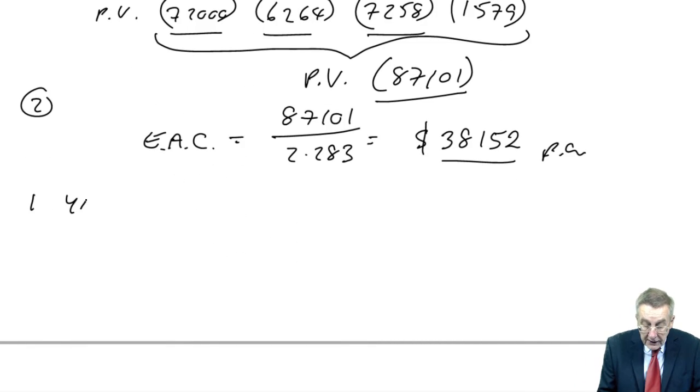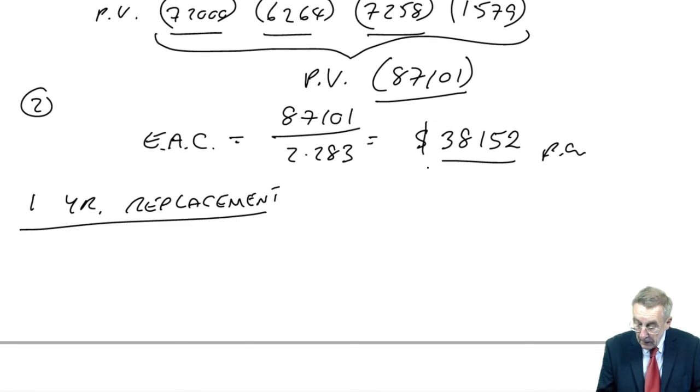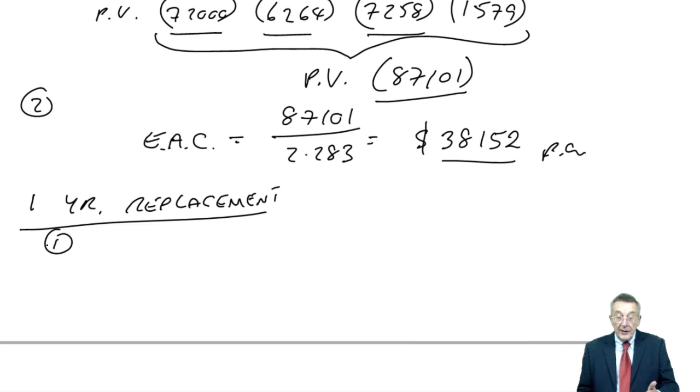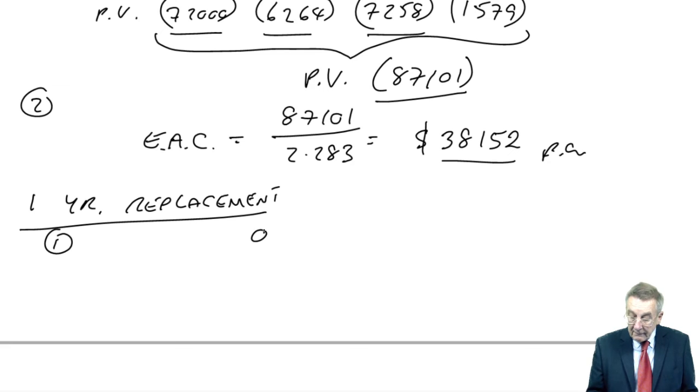Finally, let's do 1-year replacement. Exactly the same idea. Present value, step 1, present value of the first cycle. The cost is 120.